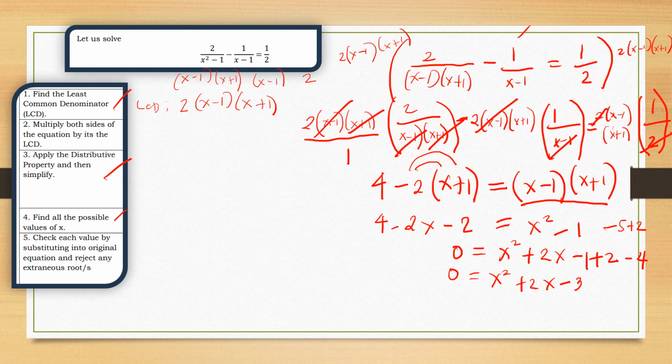So, meron na tayo ngayong quadratic equation. Ang sunod natin, mag-factor out tayo kasi kailangan nating ma-solve ang x. So, 0 is equal to the factored form of x squared plus 2x minus 3. Factor ng x, x and x. Factors ng negative 3 na magbibigay sa atin ng positive 2.